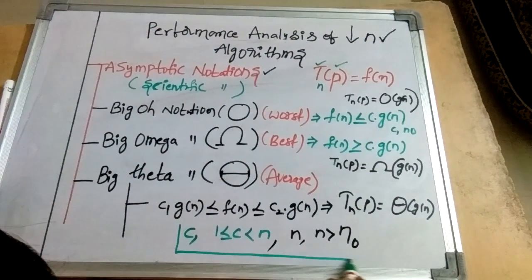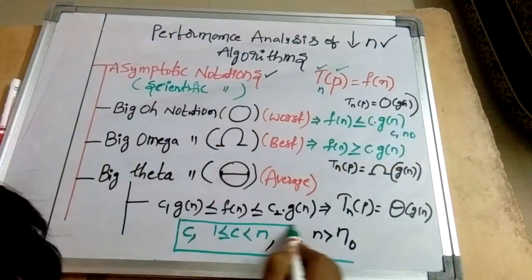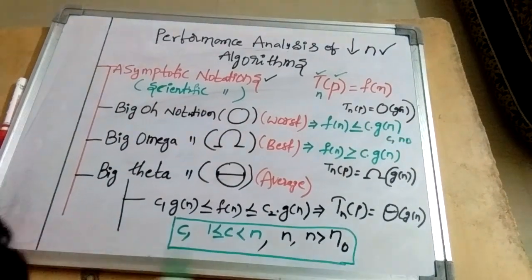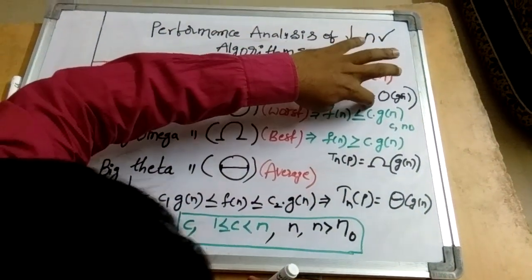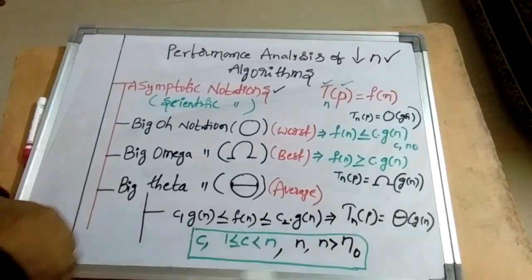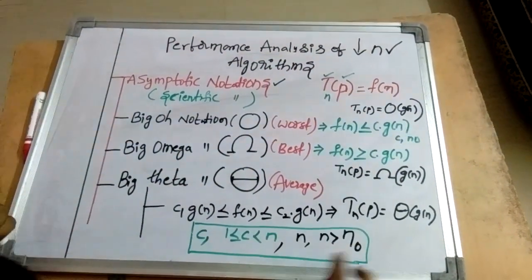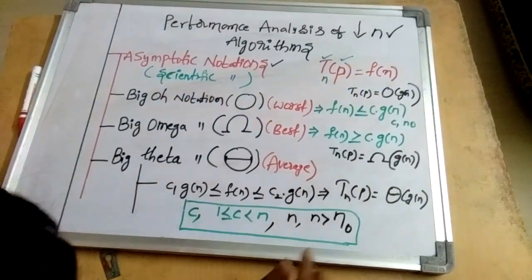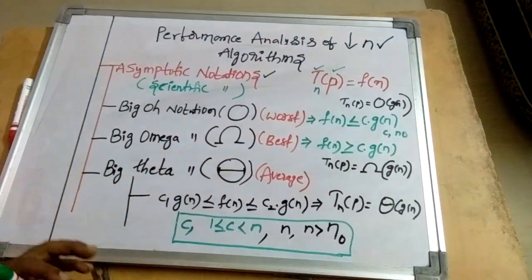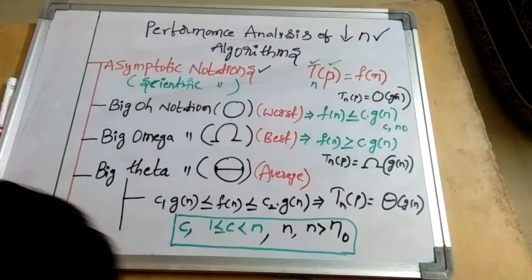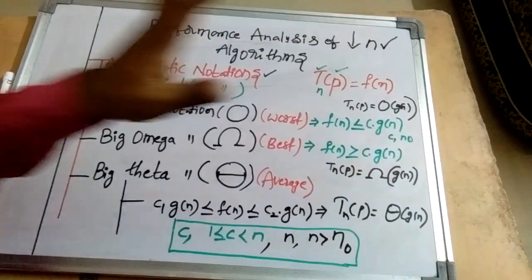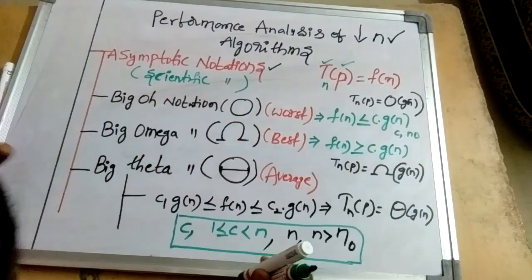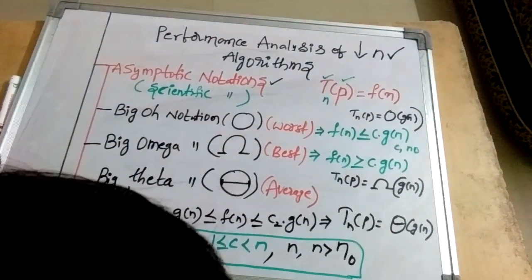We will see what these are now. For all these three notations, the constant c and n naught, where n naught is a positive integer, such that c is greater than or equal to 1 and less than n. Then these notations are called asymptotic notations to represent the time complexity.